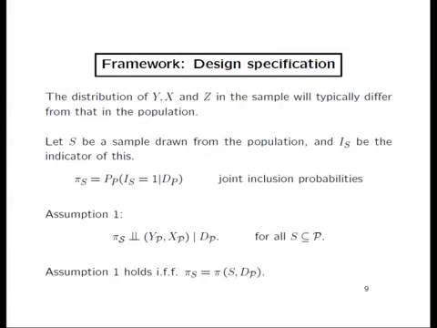So let S be the sample drawn from the population, and I_S be an indicator of that. Then pi_S is defined to be the probability under the finite population of the sample being actually drawn, given the design variables in the population of interest. So basically, these are just the standard inclusion probabilities used in survey design. But note, this is subtly different here due to the superpopulation model.